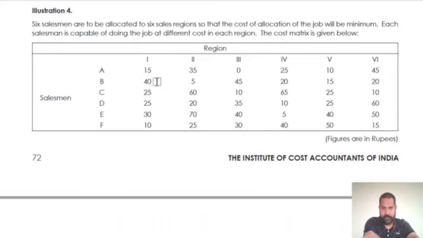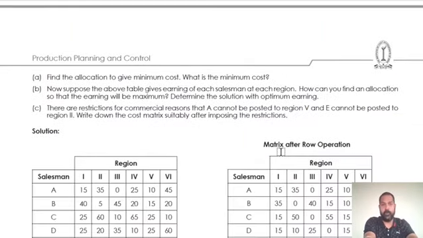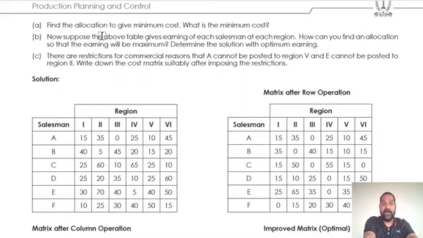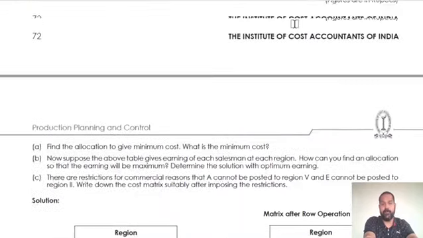So what is given to me in the table is the cost of allocation of the jobs. Each salesman is capable of doing the job at different cost in each region. The cost matrix is given below. So what is given to you is a cost matrix. Okay. What do you want me to do? Find the allocation to give minimum cost. What is the minimum cost?